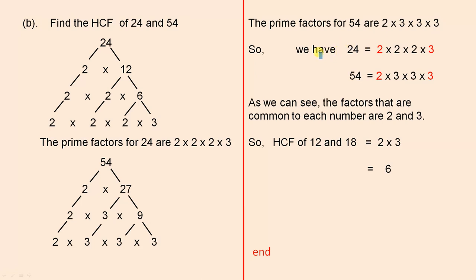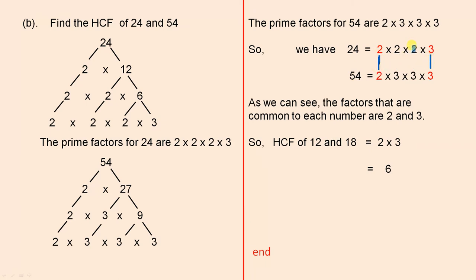So in summary, we have that 24 equals those numbers multiplied together. 54 will be those numbers multiplied together. Now we have to pick the ones that are common. Those two are common. You basically have to pick pairs. So that's a pair, and that's a pair.